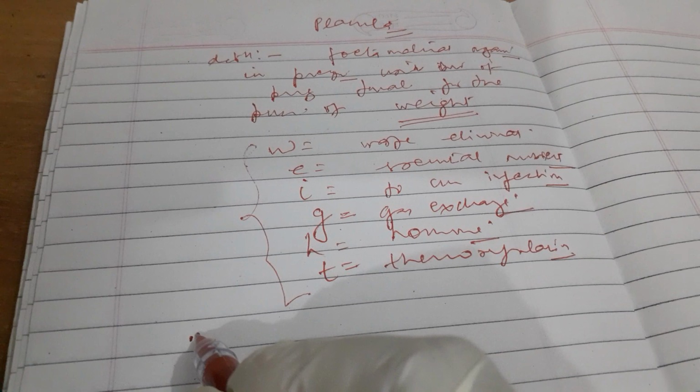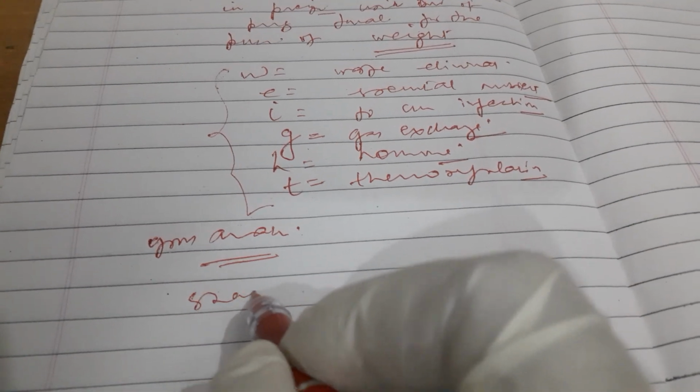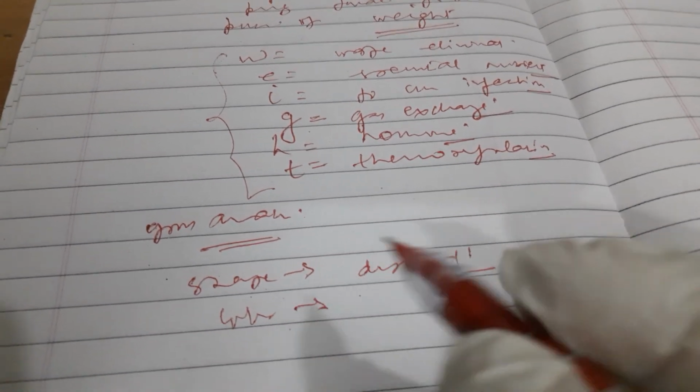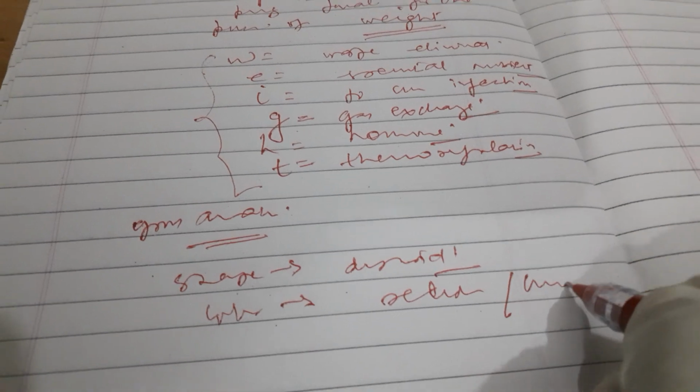About its gross anatomy, its shape is discoid. Its color is reddish blue to crimson.